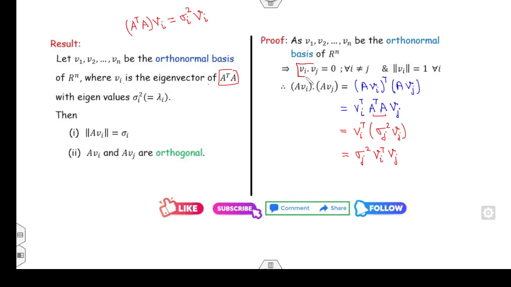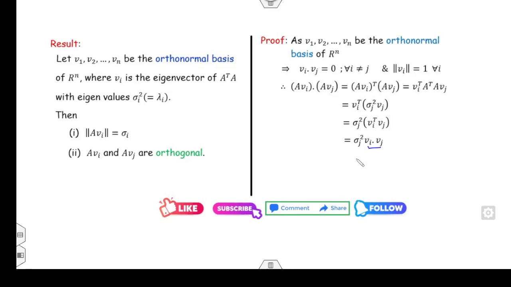Now Vi into Vj is 0, or sigma j square. I can write this number as Vi dot Vj. Always remember, my definition is x dot y is x transpose into y.